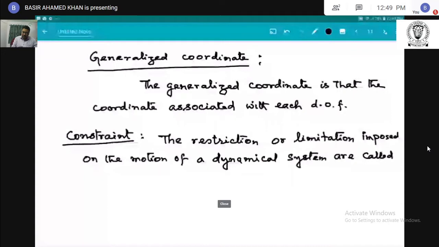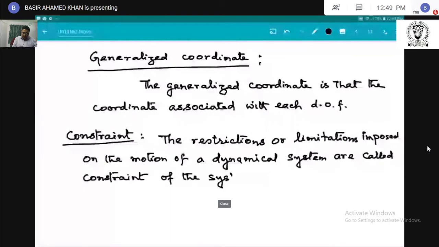The restrictions or limitations imposed on the motion of a dynamical system are called constraints of the system.